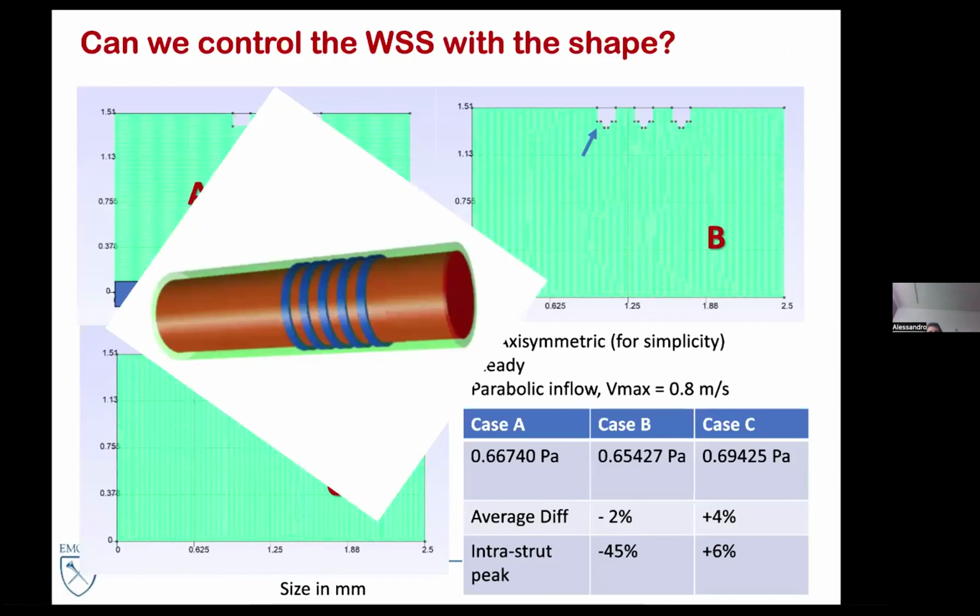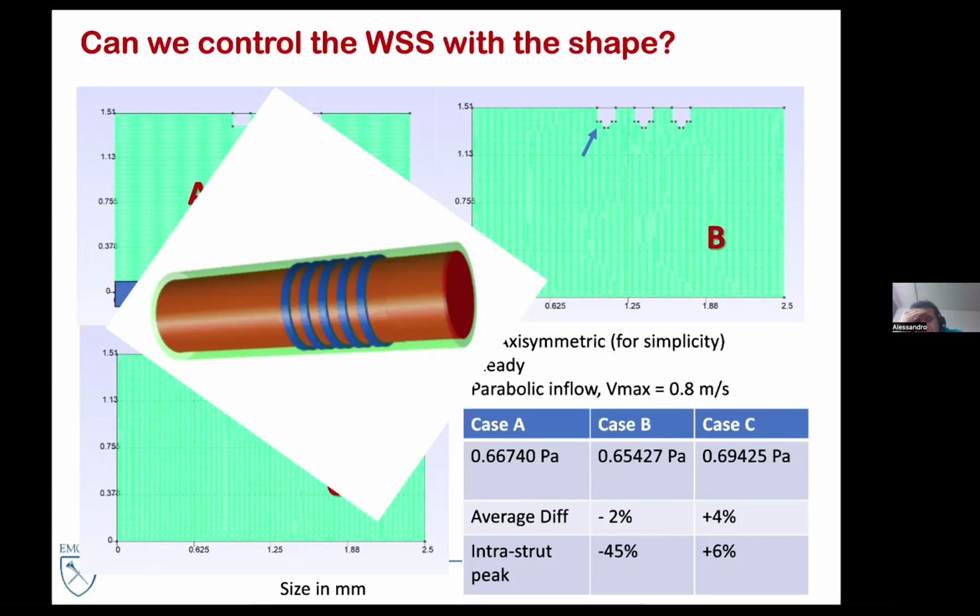But finally, and this is my last part, it's going to be probably more interesting for model order reduction, is this question: if the wall shear stress is so important, and the size of the struts is important, I mentioned at the beginning that probably the abnormal size of the struts is triggering inflammations. What about the shape of the strut? So I got this question.